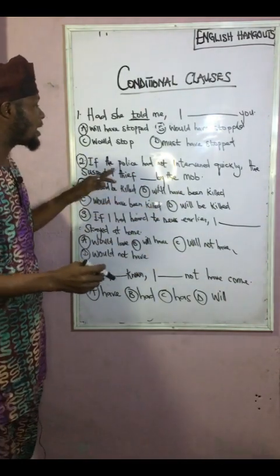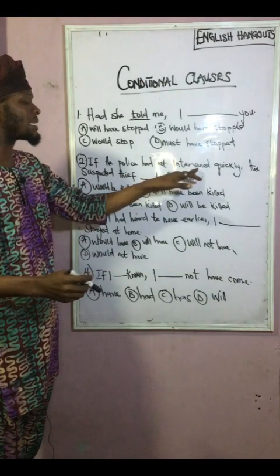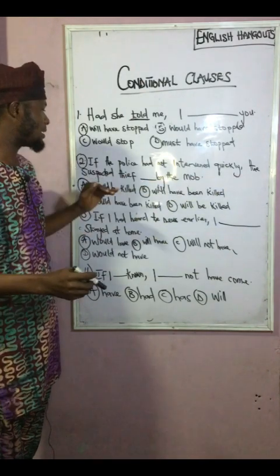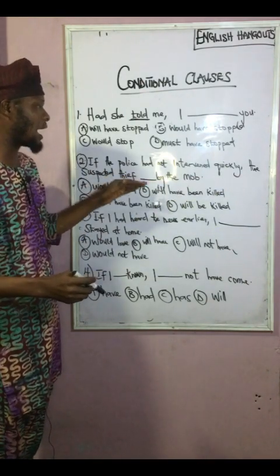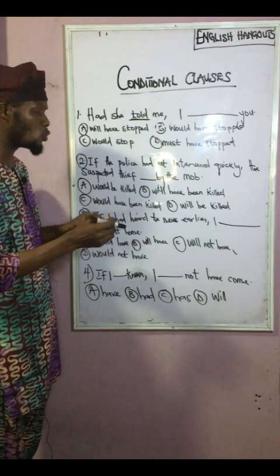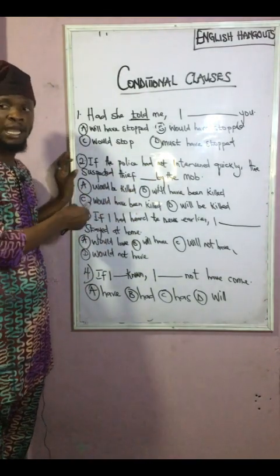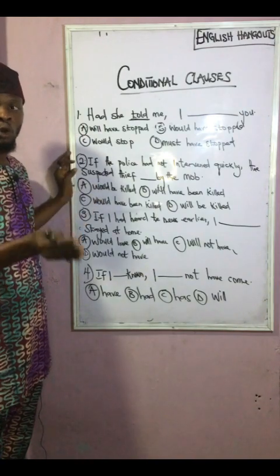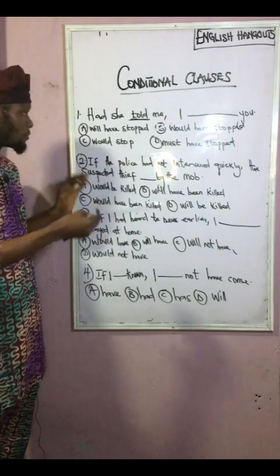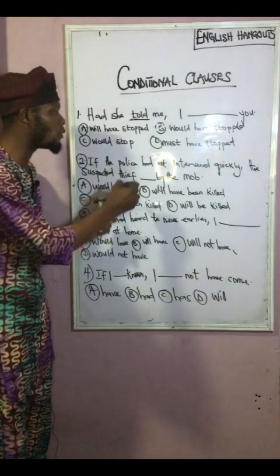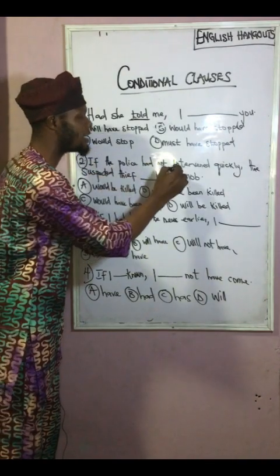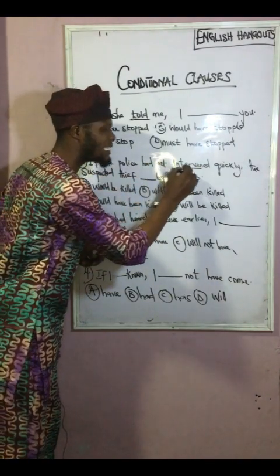Question 2. If the police had not intervened quickly, the suspected thief dashed by the mob. Also, we should be able to determine if the particular expression here is a real condition or unreal condition. Looking at the sentence, if the police had not intervened, the verb here is intervened.